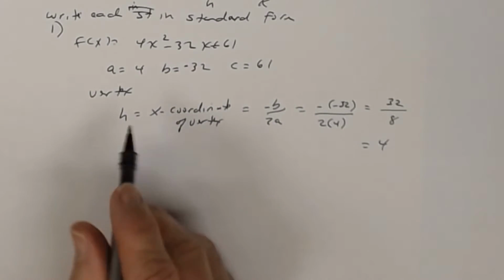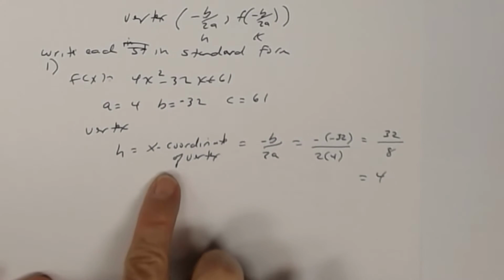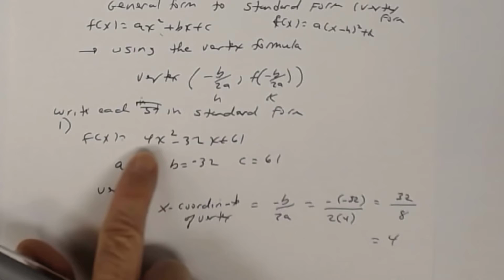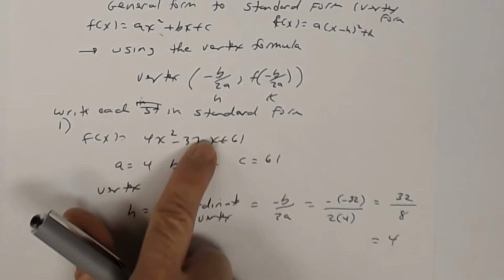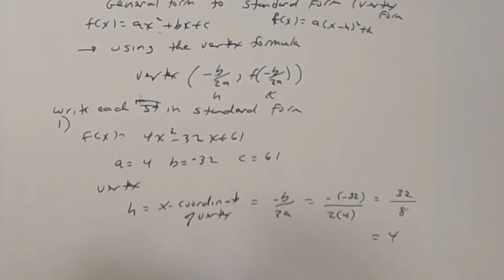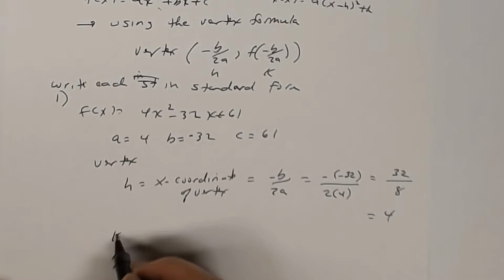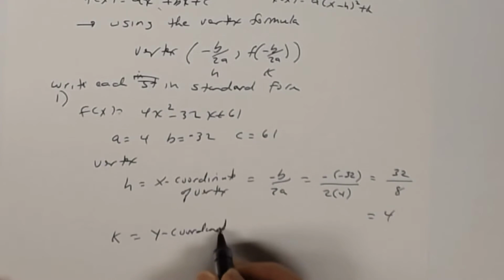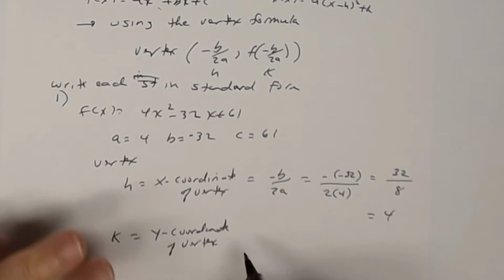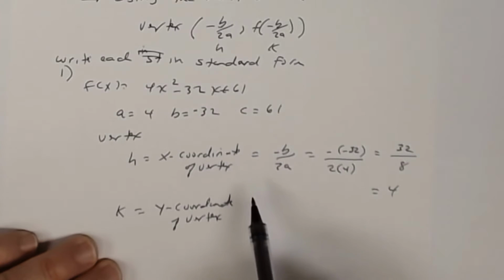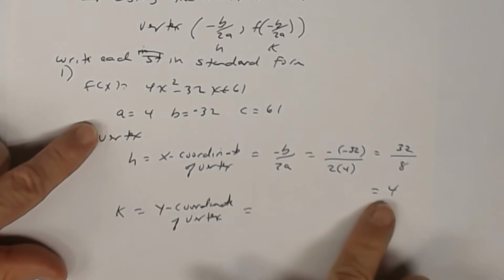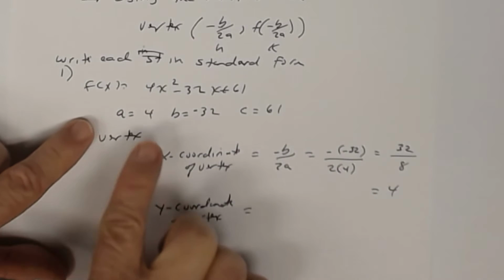Now once we know what x is, to find y, we go back and substitute 4 where we see the x. k is the y-coordinate of the vertex. So to find k, we take 4 and substitute back into our function.